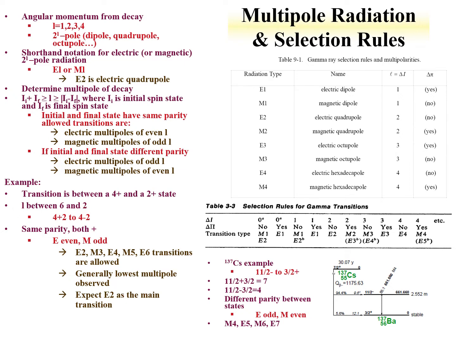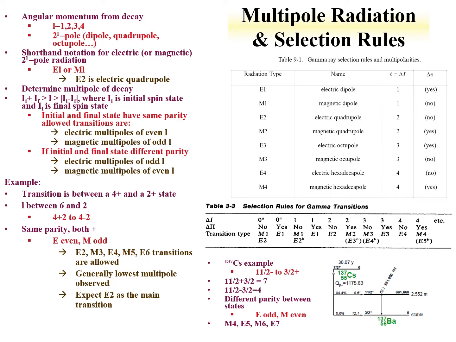The parities are the same. So we go here, initial and final states have the same parity. Electric multipoles will be even. Magnetic multipoles will be odd. So if we go from 2 to 6, electric multipoles are even, so it will be E2, M3, E4, M5, E6.